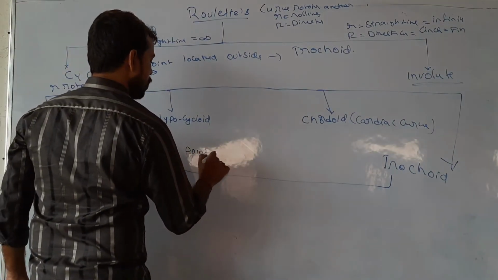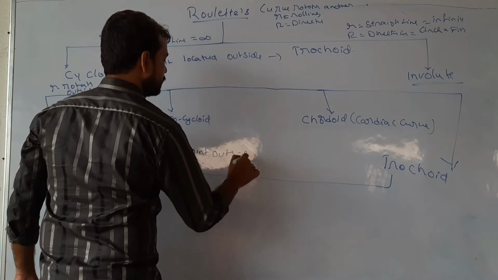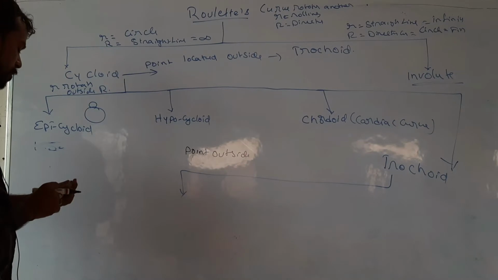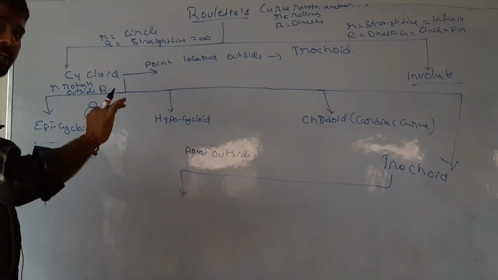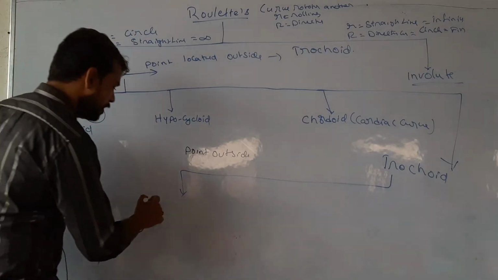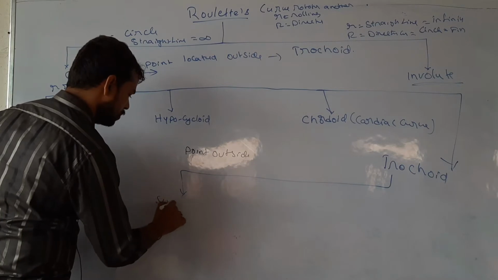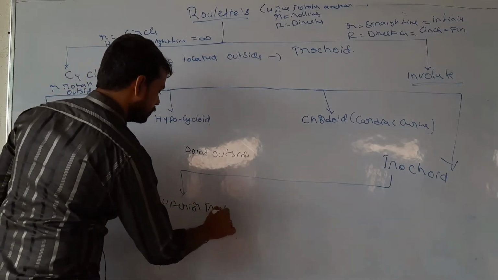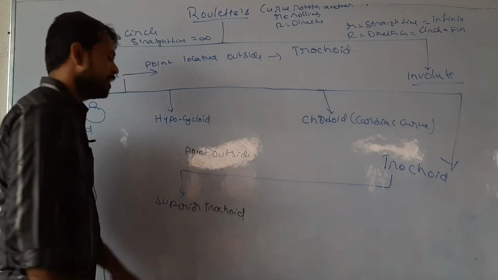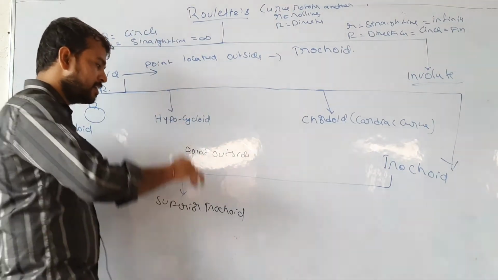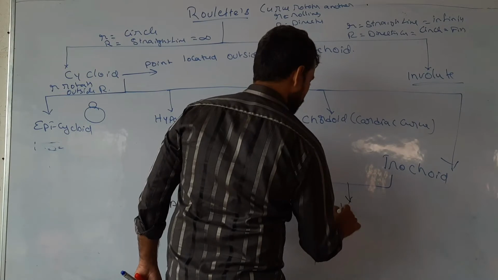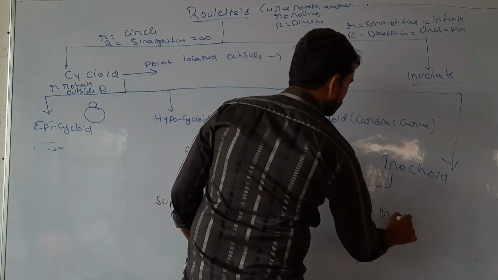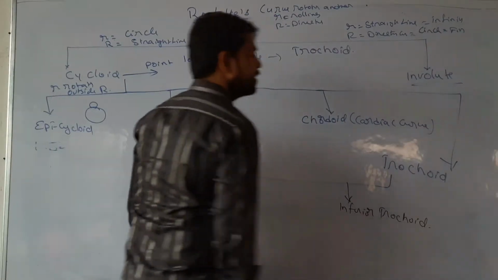If the point is outside and rotating on another circle, you will get superior trochoid. If the point is inside, you will get inferior trochoid.